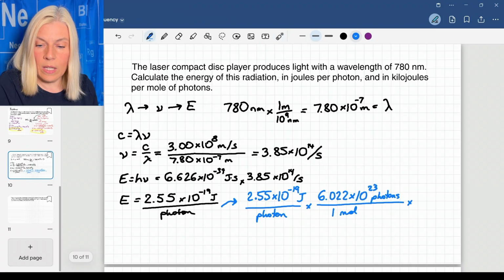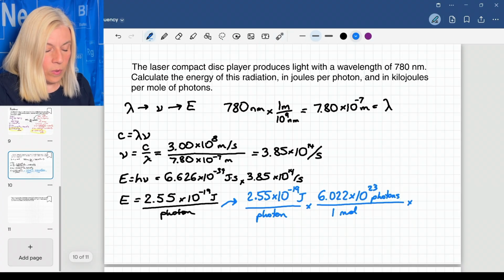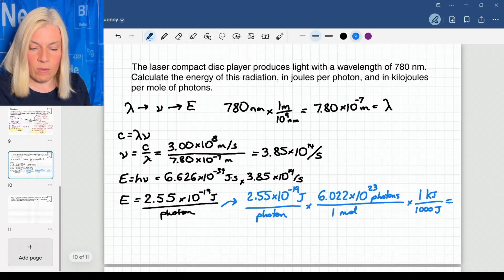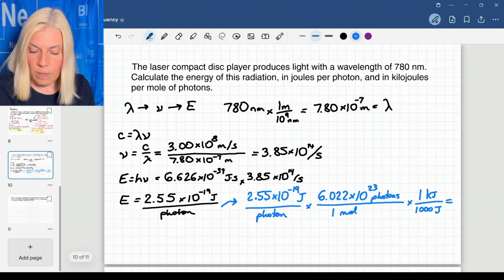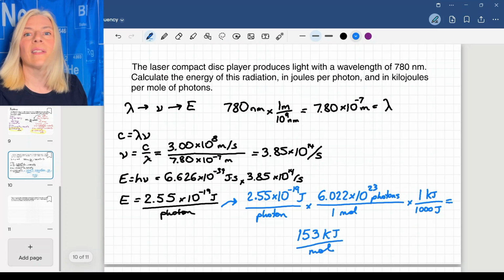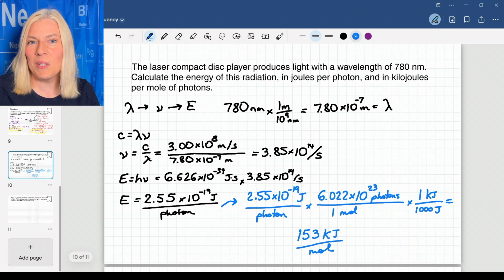But I want kilojoules per mole. So we will have times 1 kilojoule is 1000 joules. And I plug this in, and remember 3 sig figs, I'm going to have 153 kilojoules per mole of photons. There we go. How did we do?